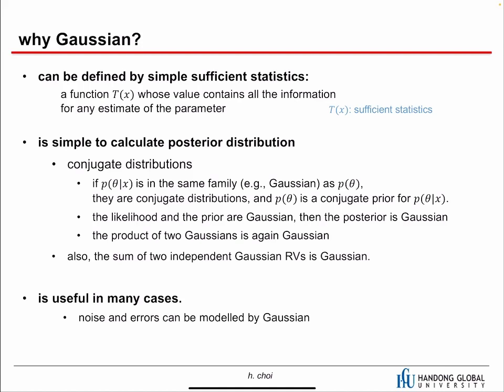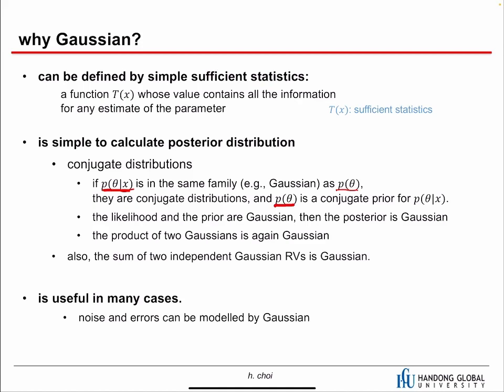If p of theta given x, this one is the posterior, is in the same family, such as Gaussian, as p of theta, for example, this posterior is Gaussian and p of theta is Gaussian, then they are conjugate distributions. As long as they are in the same family, they are conjugate distributions, and p of theta is the conjugate prior for p of theta given x.